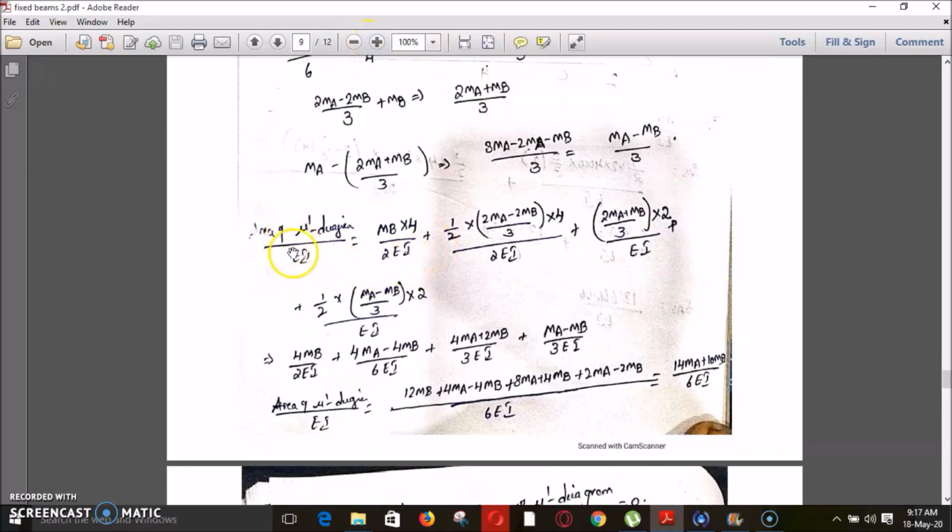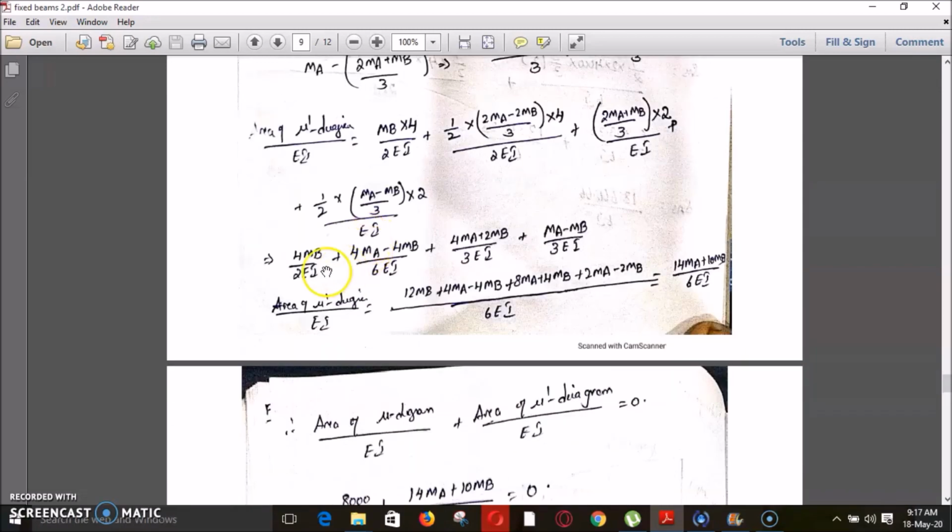So now by solving this value, area of mu dash diagram by EI value, we will get the value as 14MA plus 10MB by 6EI. Okay, I have taken the LCM for 2EI, 6EI, 3EI and 6EI, and solved this one.